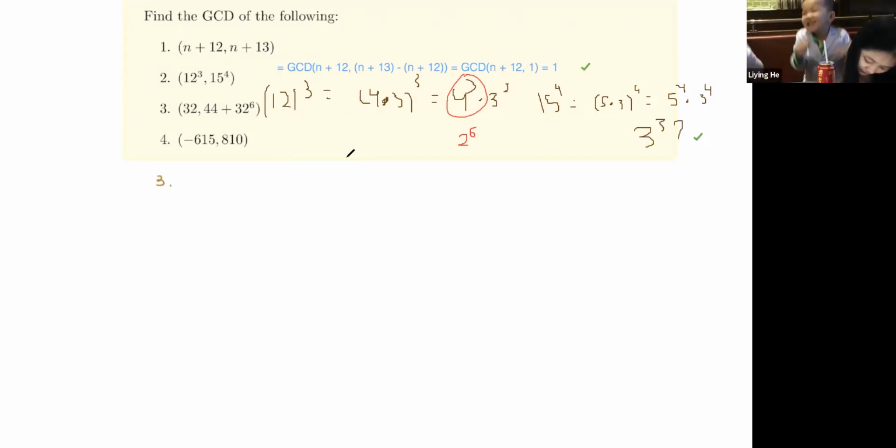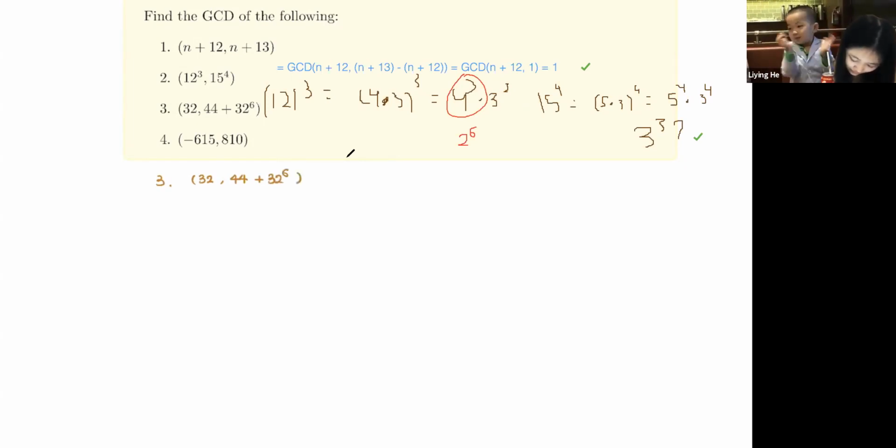So for number 3, we have 32 and 44 plus 32 to the power of 6. Well, what you can do is use the proposition we mentioned before.